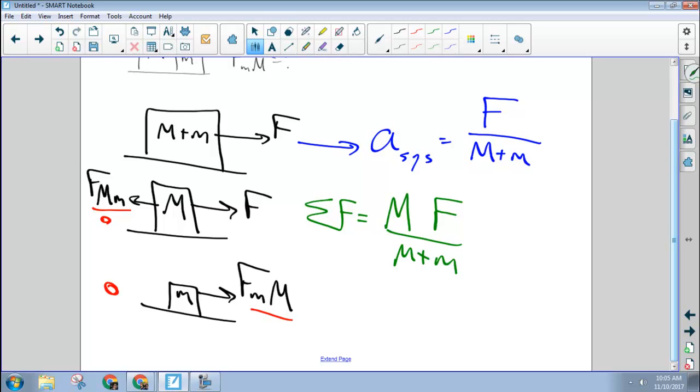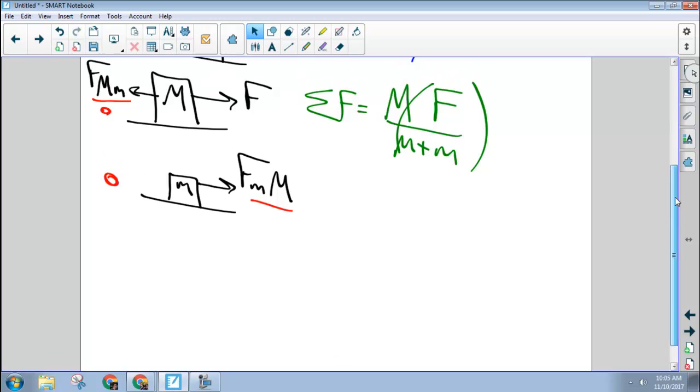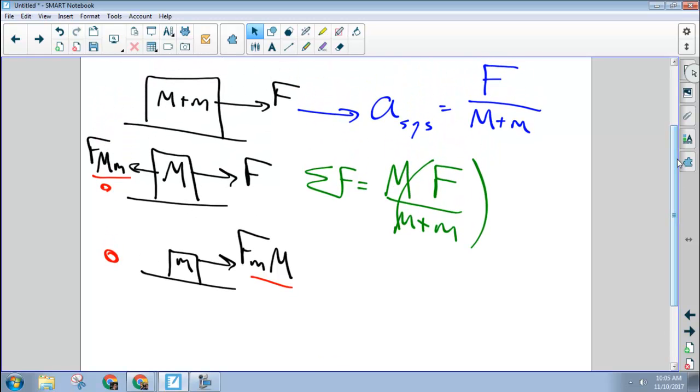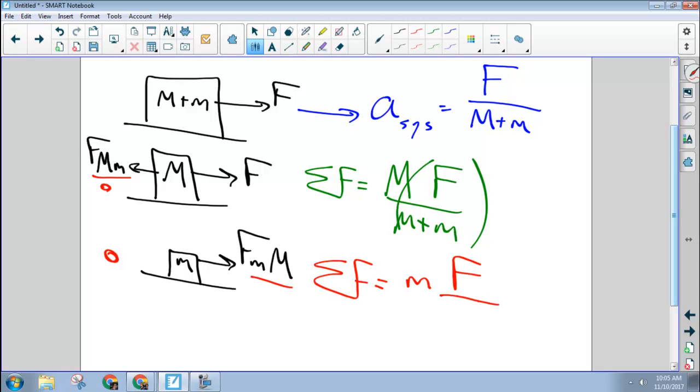Because this is my acceleration, ma. Okay? And on the bottom one, my net force is little m times F over M plus m, right?